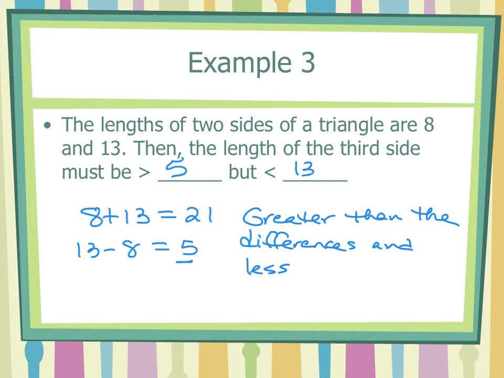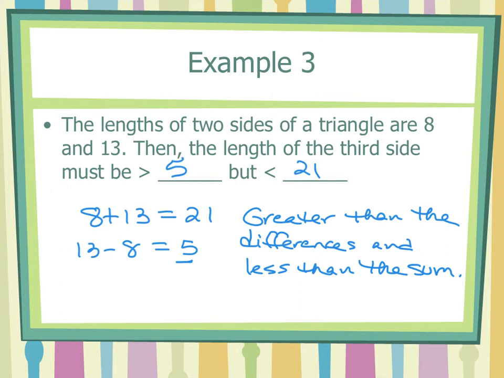Actually, that should be a 21. So the third side length has to be a number between 5 and 21. It can't equal 5, it can't equal the difference, and it cannot equal the sum.